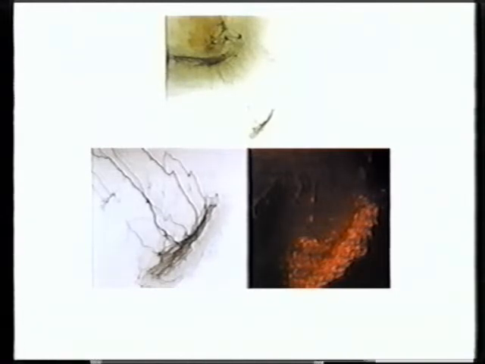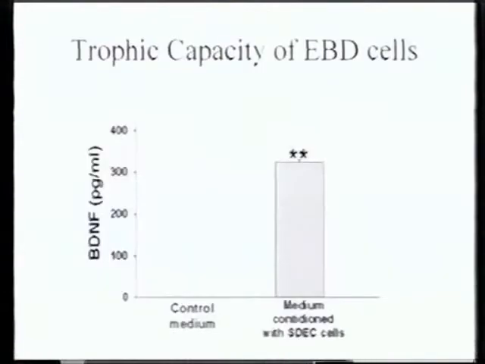And what you see is that the axons from the motor neurons, these are motor neurons here, are very, very happy to grow out to and invade, here at higher power, this cluster of stem cells. So there's something that the stem cells are secreting which is very, very attractive towards motor neurons. And we know that they're secreting some things like BDNF, and there are probably some others, although we haven't really defined that as well. I think that's it.